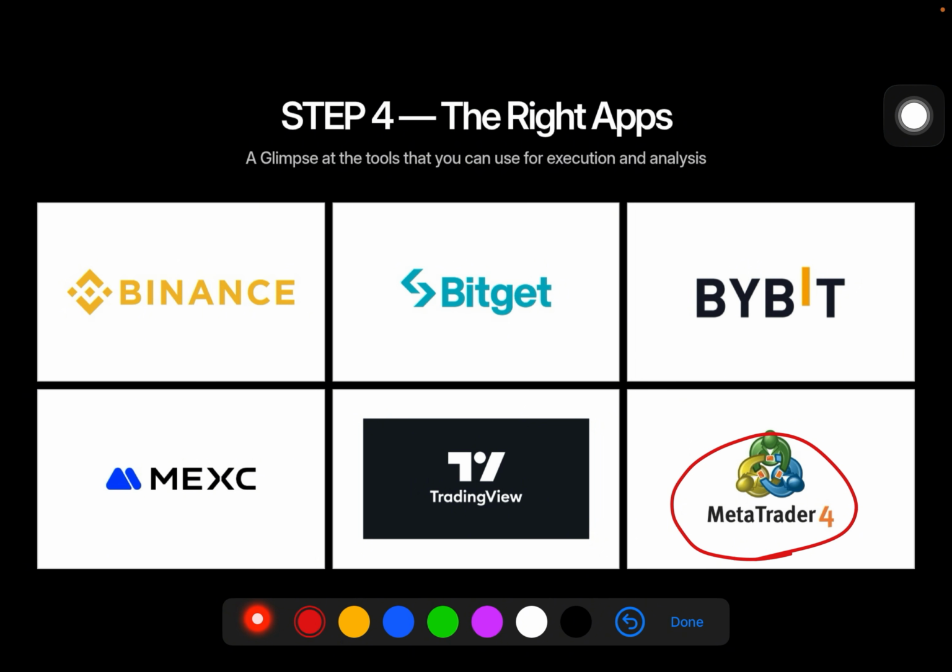I'm using this application for chart reading, analysis, and trading. And for crypto, I'm using Binance, Bybit, and MEXC exchanges for trading, and I'm using TradingView for analyzing and chart reading. So you need to use the right application for each market.